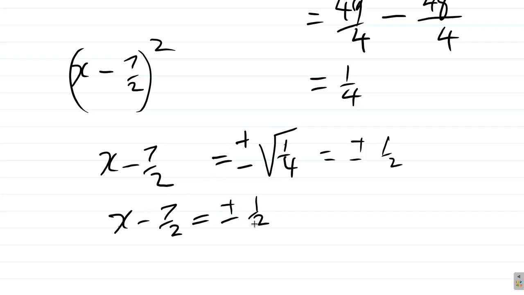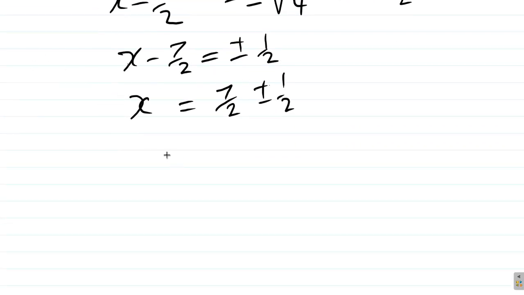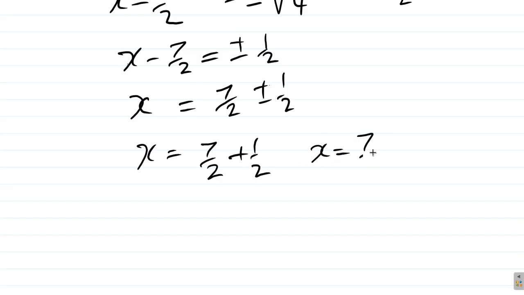Add 7 over 2, 7 halves to both sides. So you have x is equal to 7 over 2 plus or minus 1 over 2. So you have two possible values for x. x is equal to 7 over 2 plus half, and x is equal to 7 over 2 minus half.